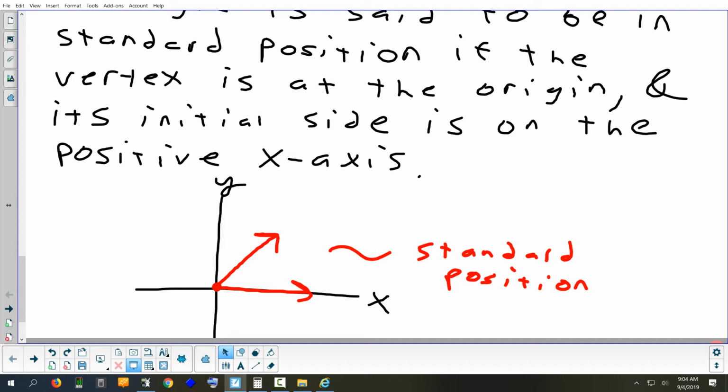If you rotate counterclockwise, the first one to hit the x-axis is the initial. Like in this case, the one in black is initial, and the one in red is terminal.